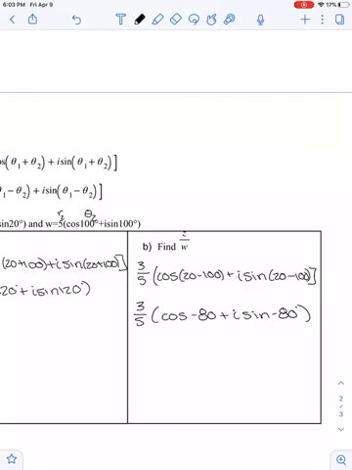But we can't have negative 80. Theta has to be between 0 and 2 pi.